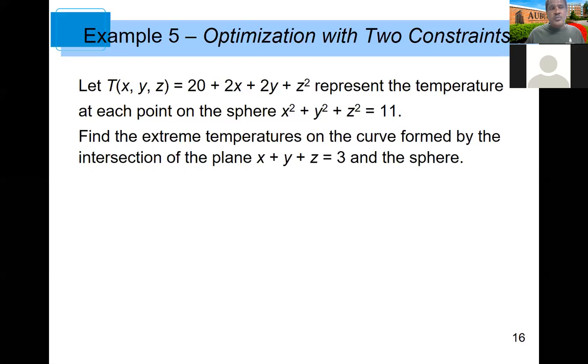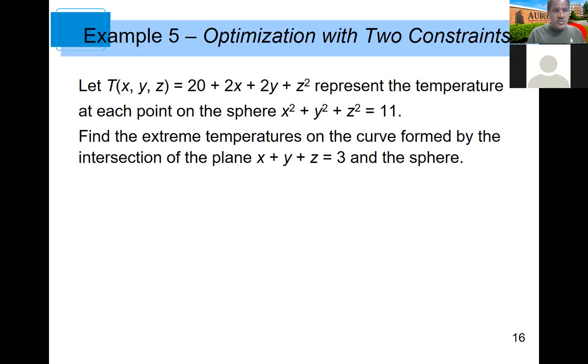So those points must be on the sphere, and they must also be on the plane, okay? In fact, the intersection of a plane and a sphere is a circle, right? So we are finding points which are on the circle, which is the intersection of the plane and the sphere, okay? So that is the problem. So how do we solve this problem, okay?